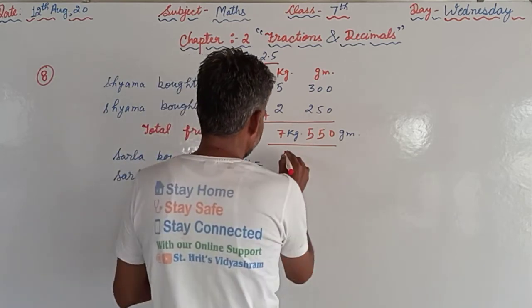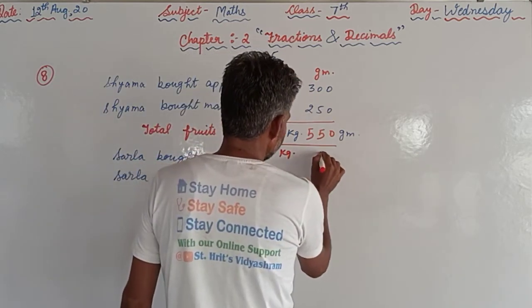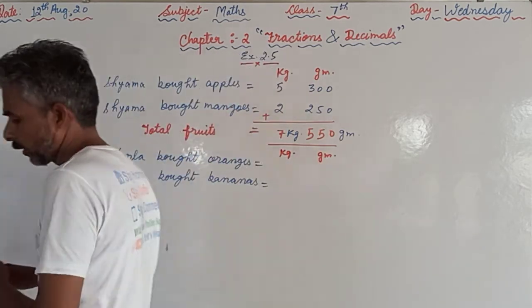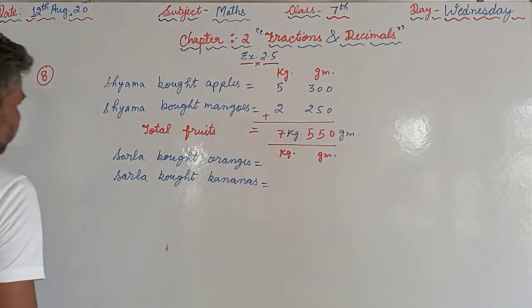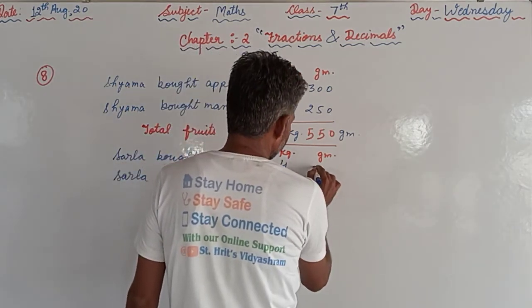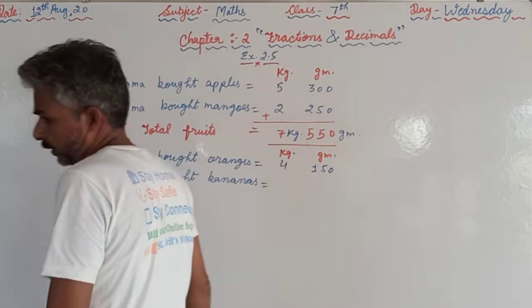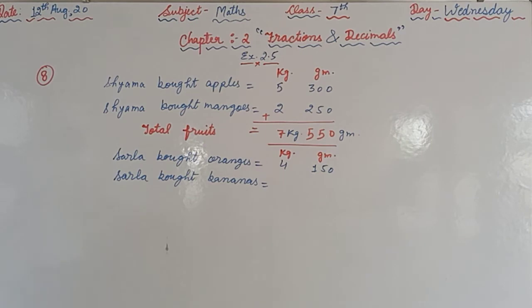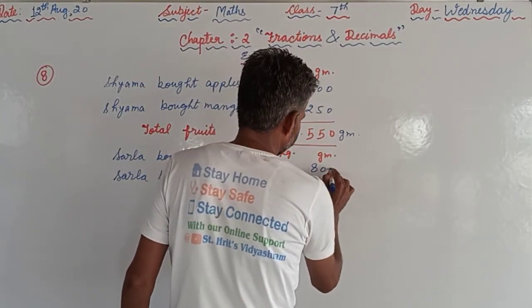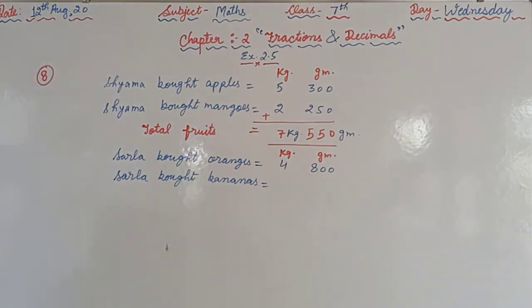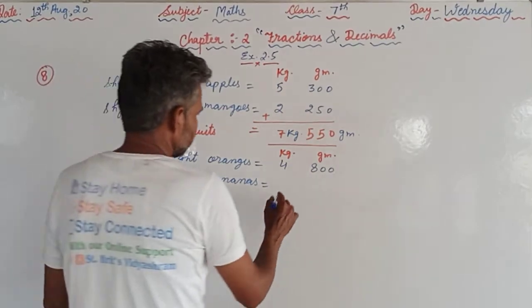Again we have to write kilograms and grams. The weight of the oranges bought by Sarla is 4 kilogram 150 grams, and 4 kilogram 800 grams of oranges and 4 kilogram 150 grams of bananas.